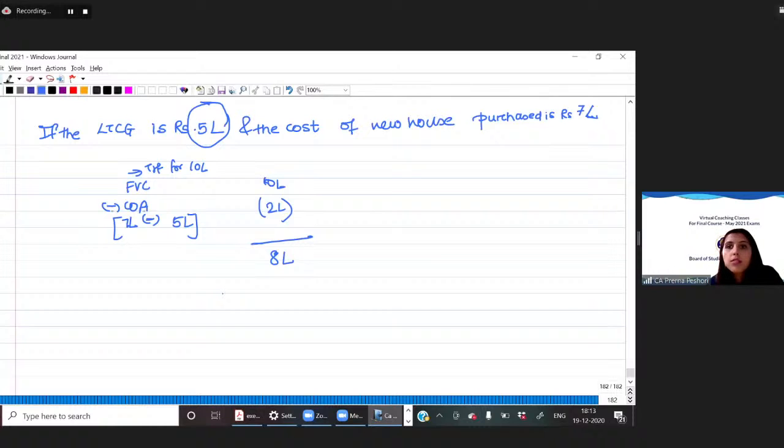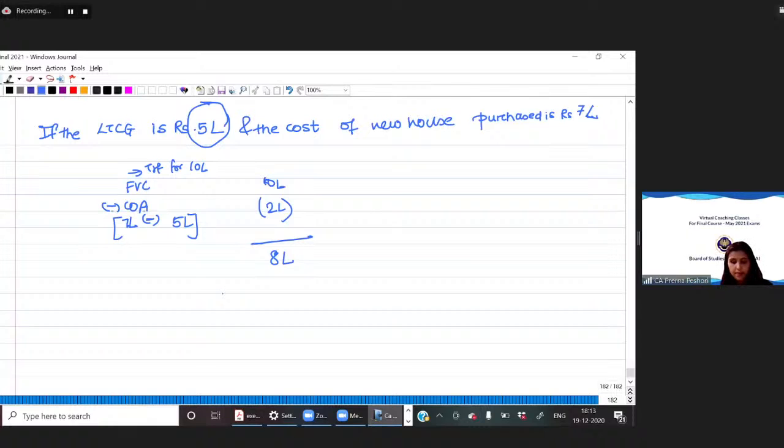Any doubts? Ramya, if the assessee has invested capital gain in another house property but also a loan, then can he claim deduction under section 80C? Yes, he can, because under 80C, he gets the deduction of the stamp duty value as well as the principal amount, right? So the principal amount of the house property, he can claim as deduction as well as the stamp duty value of the house property.